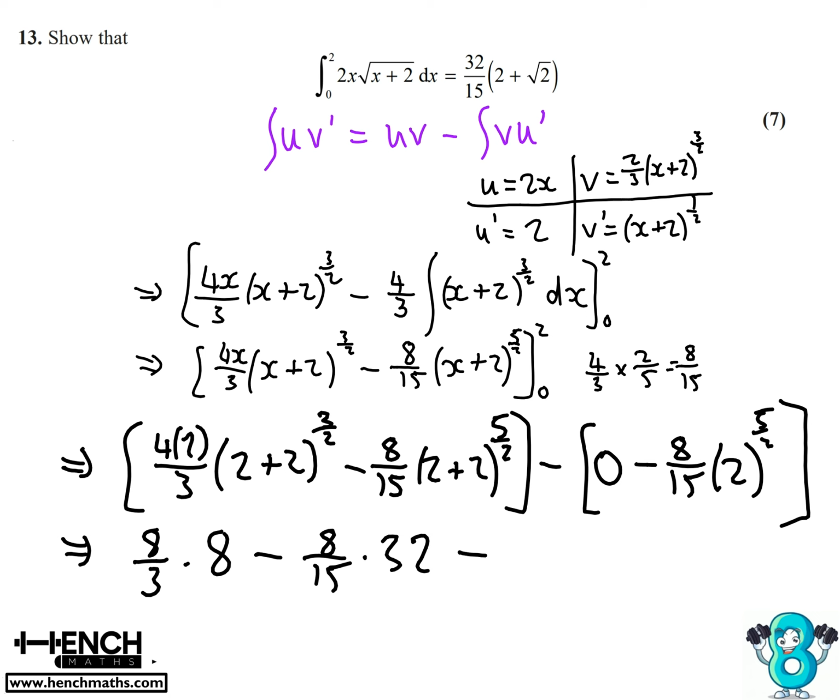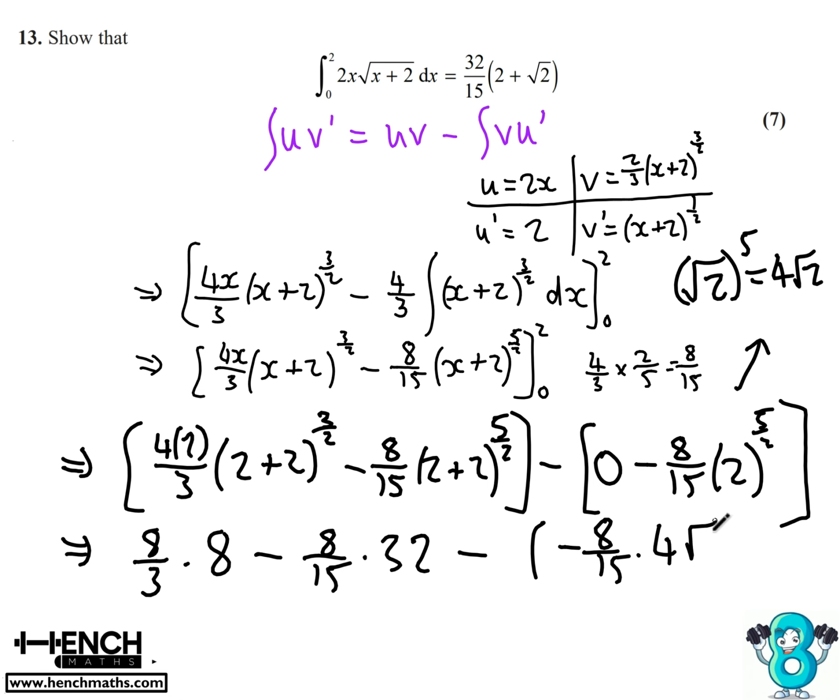So 2 to the power of 5 over 2 is the same as the square root of 2 to the power of 5. So the square root of 2 squared is 2. Square that, so the power of 4 would be 4. And then got another one, so that's 4 root 2. So down here, we're going to get negative 8 over 15 multiplied by 4 root 2.